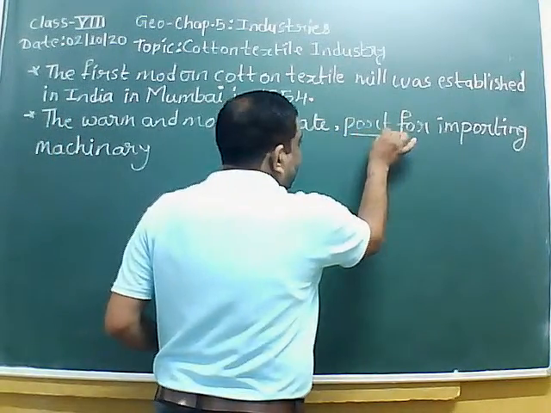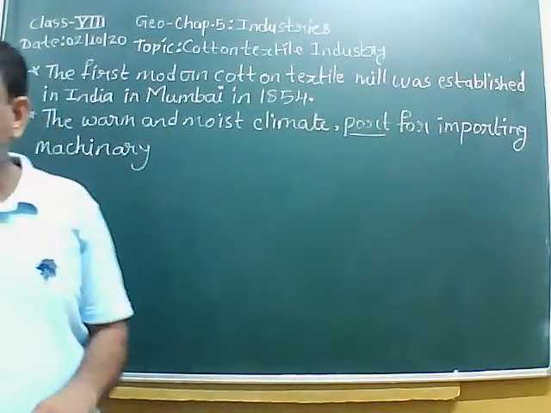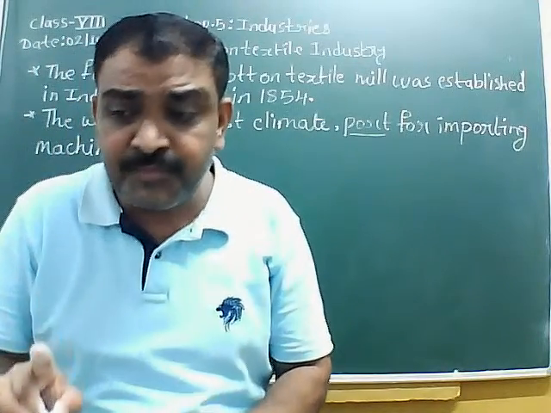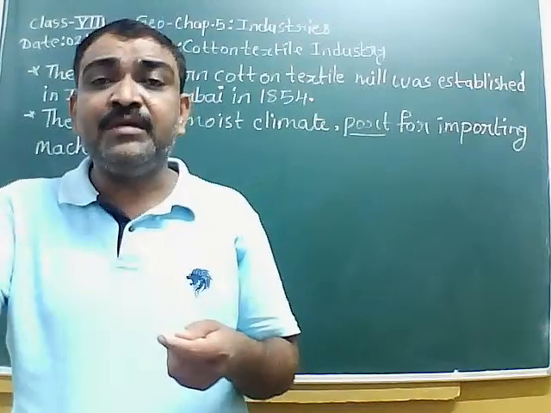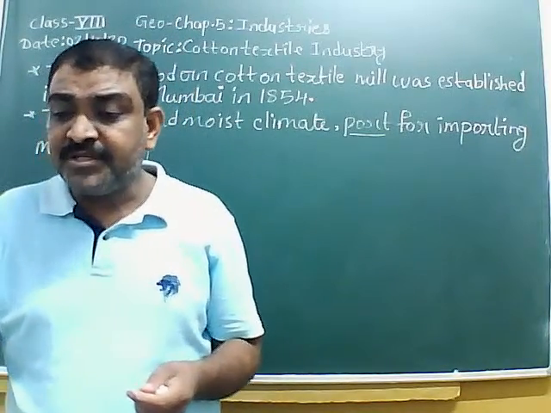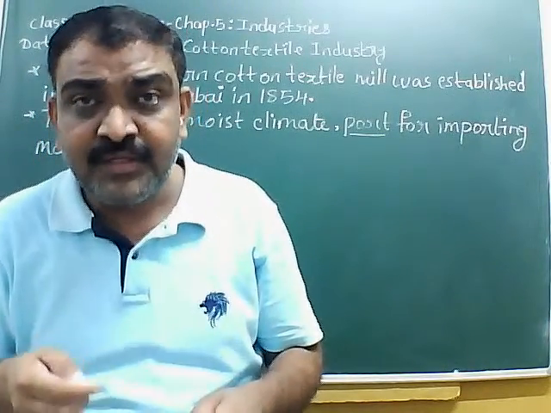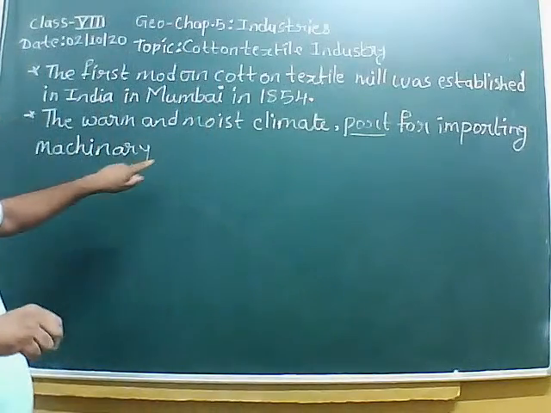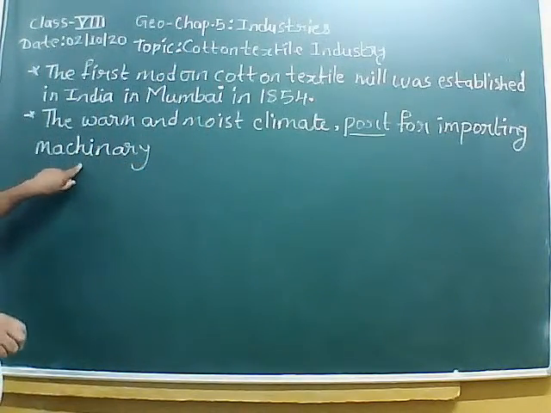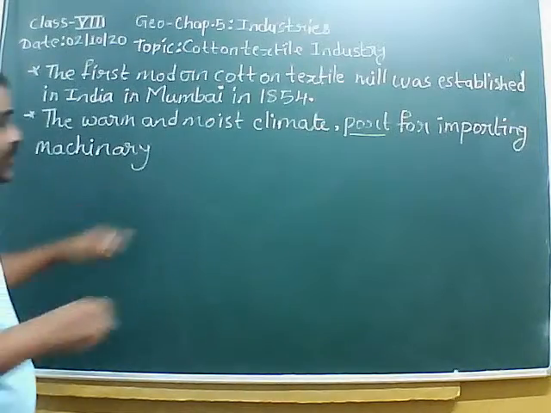Okay, so because of the port, it was easier for the industrialists to import the required machineries from European countries. So this is the second advantage, that is, Mumbai has a port for importing machinery.